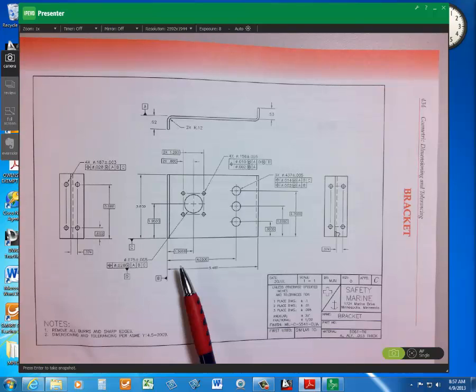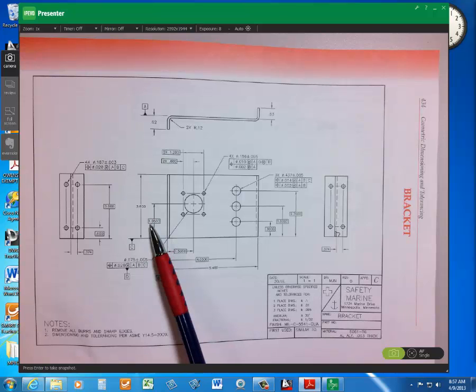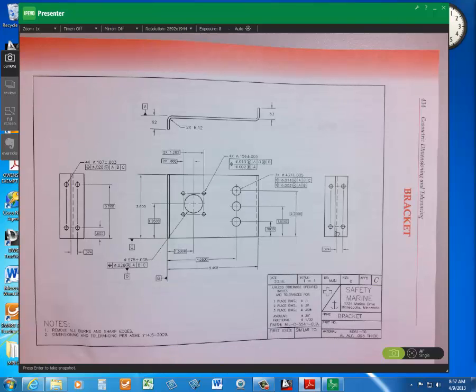Okay, so we would read that as 1 and 9,500 10,000ths of an inch. That's how you read that number.